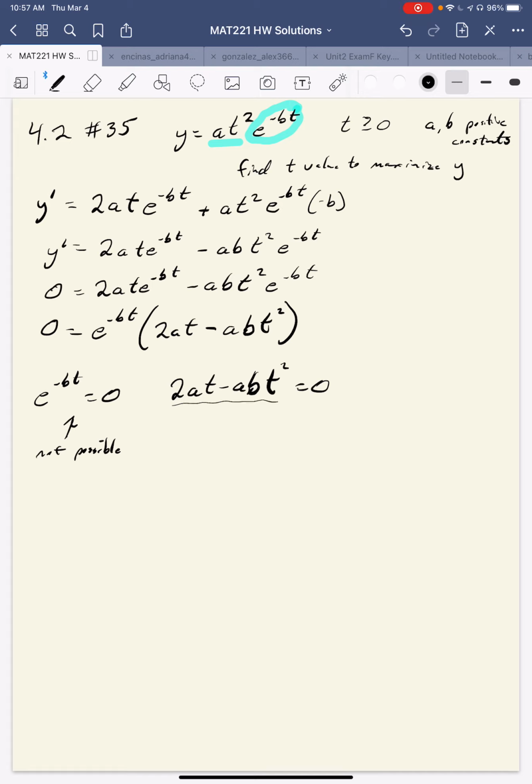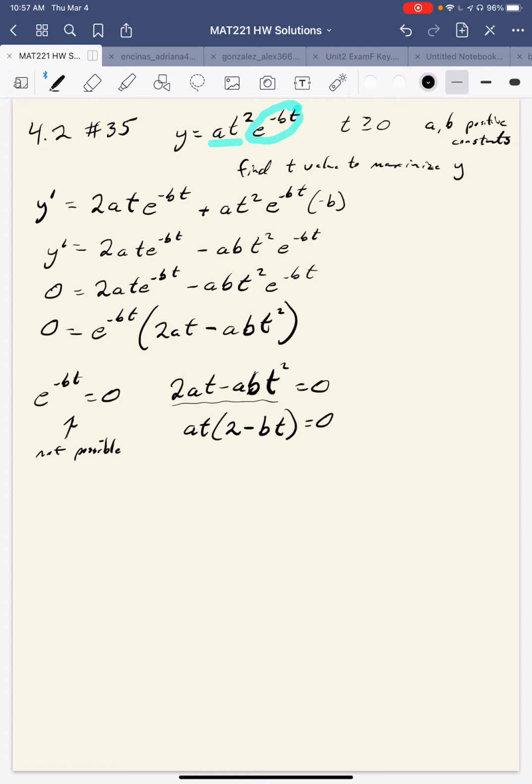0. So again, I'm going to do a little factoring. I see both of these terms have an a and a t. So I can say at times 2 minus bt equals 0.